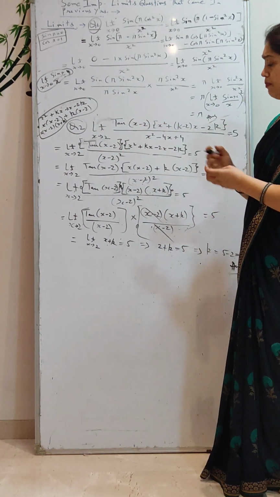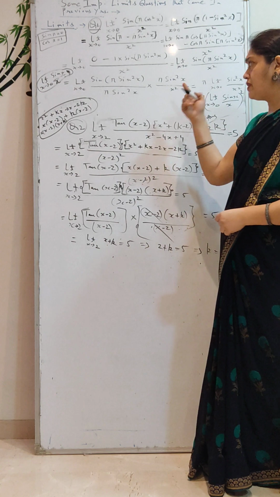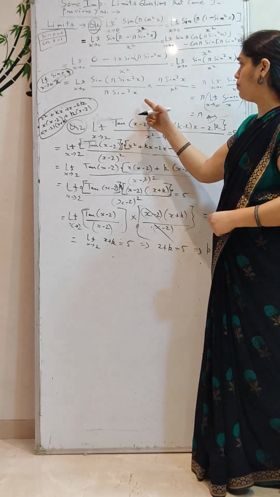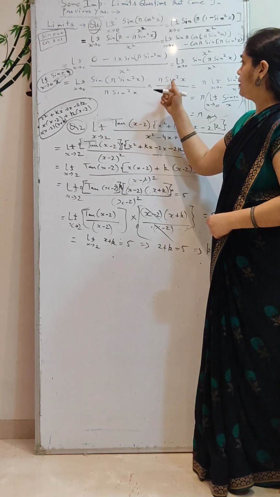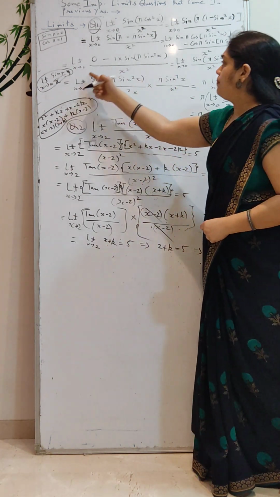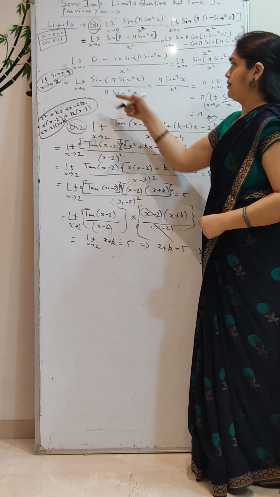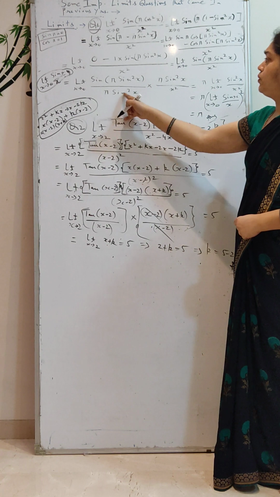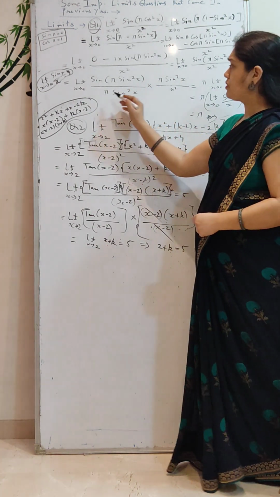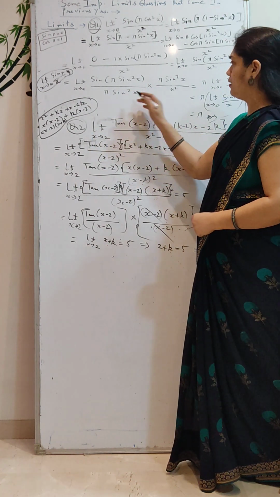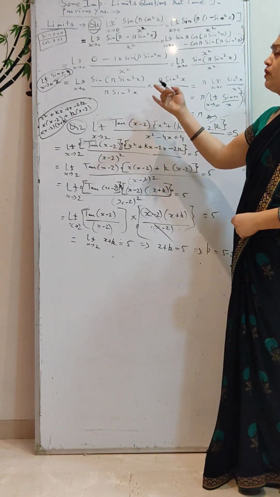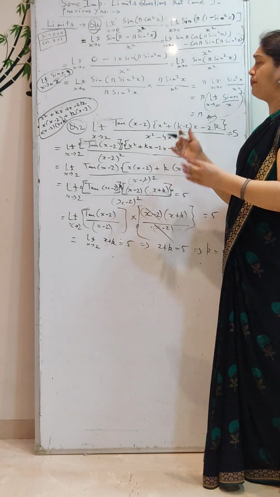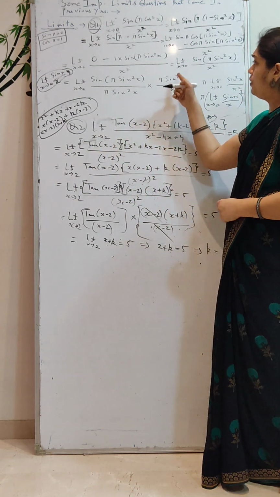We will try to make the theta the same. So we will introduce pi sin square x in the denominator, so this will be of the form sin x by x with the same theta. Since we cannot introduce it directly, we have to multiply the same thing in numerator and denominator.